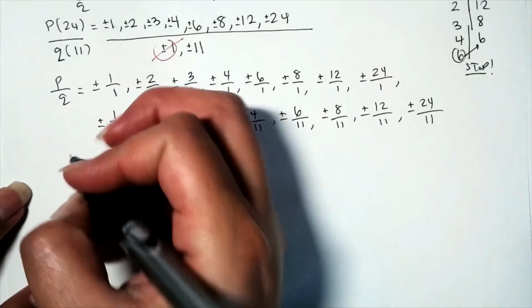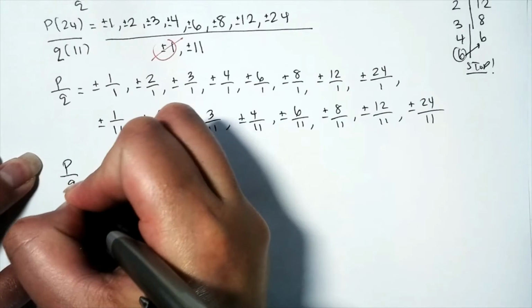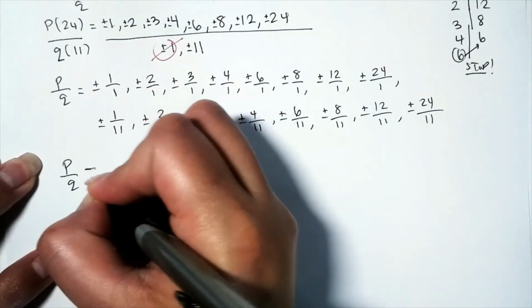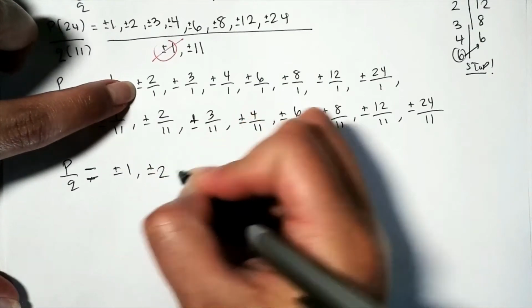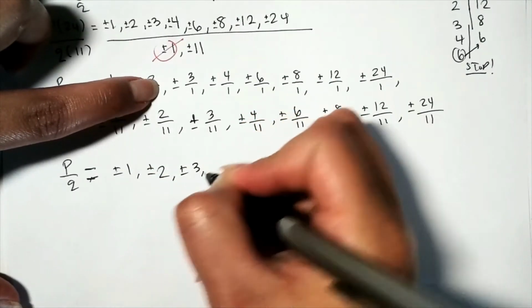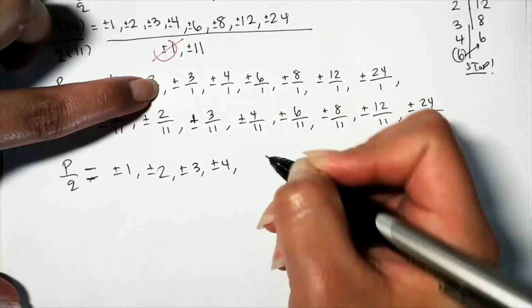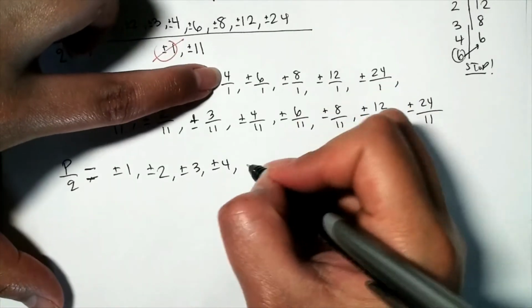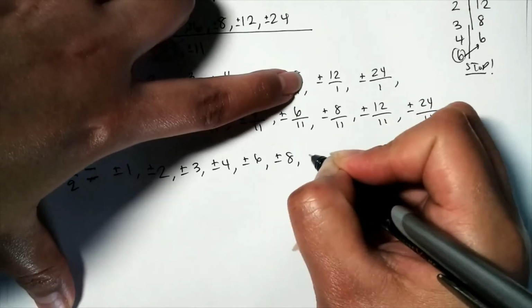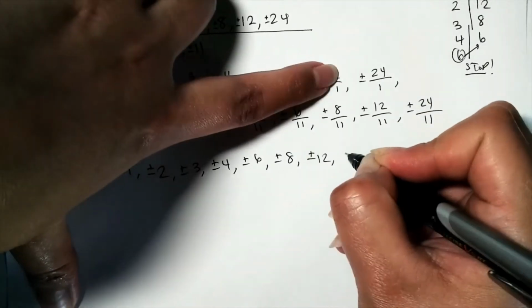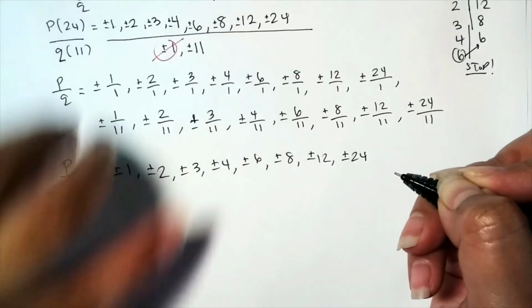So here I go. We want to tell the world that the possible rational zeros are going to be 1, 2, again, we're just simplifying the quotients, 3, 4, and their opposites, 6, 8, 12, 24. Yeah, my hand is in the way. Sorry.